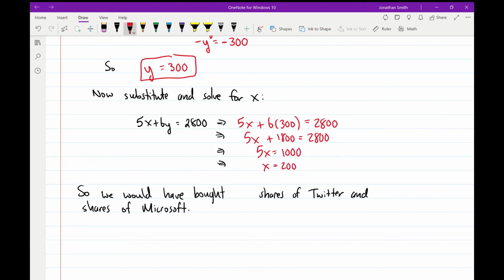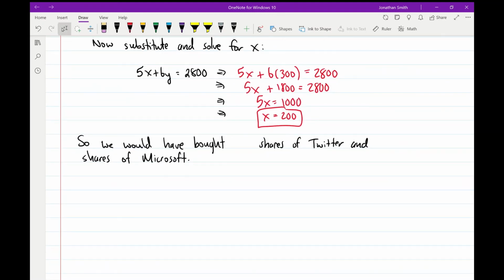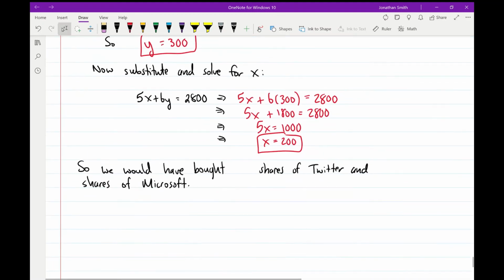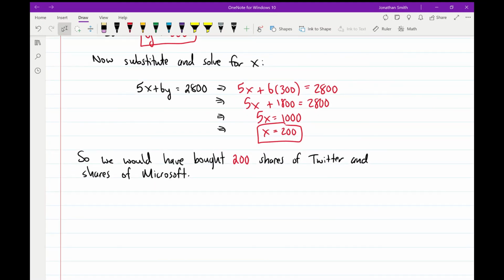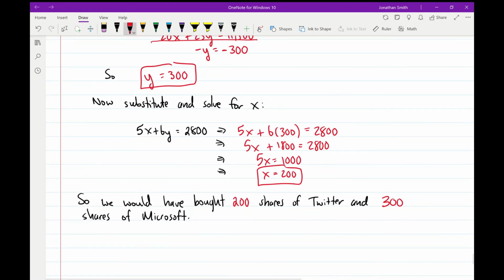And so x is equal to 200. So given the original problem statement, we must have bought 200 shares of Twitter, since Twitter was X, and we must have bought 300 shares of Microsoft, since Microsoft was Y.